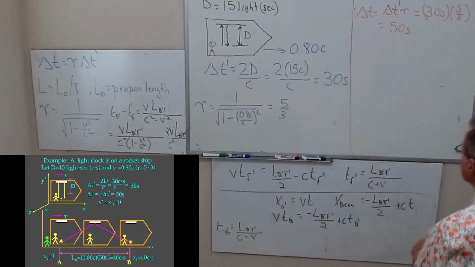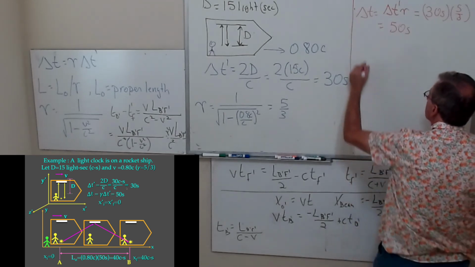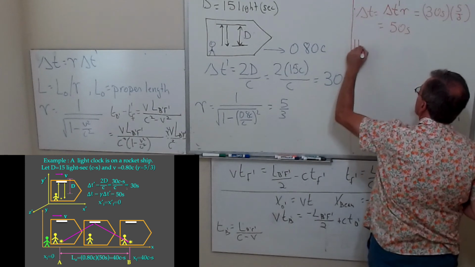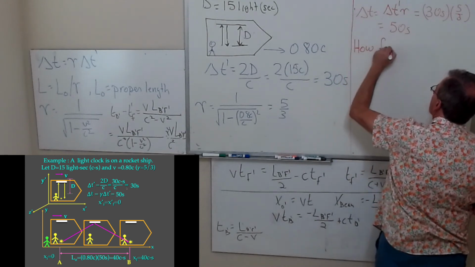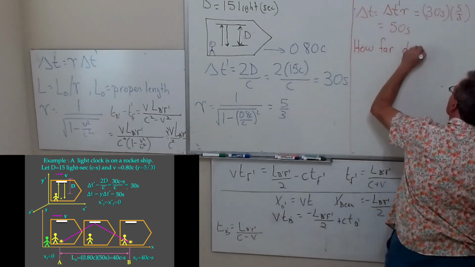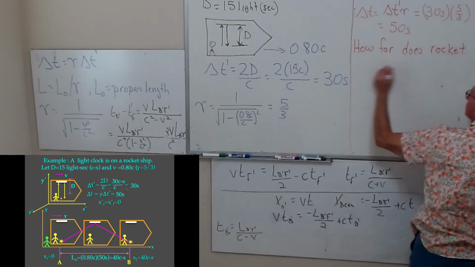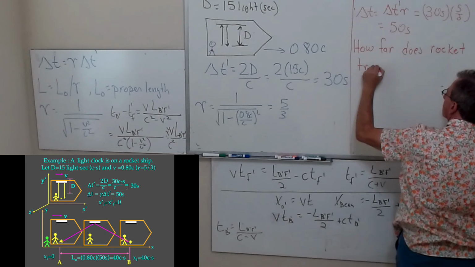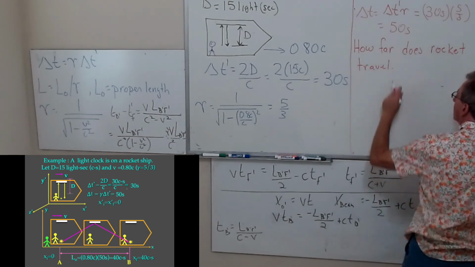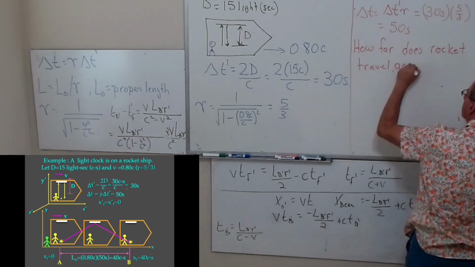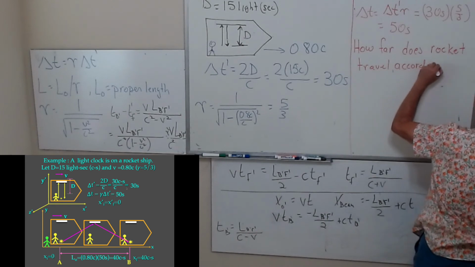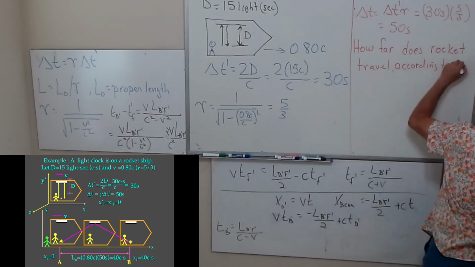How far does the rocket travel, according to us?